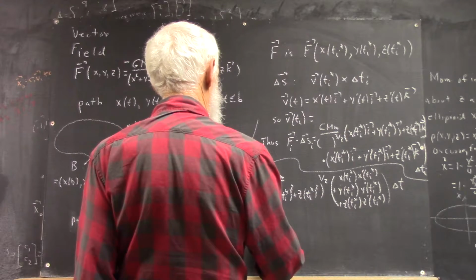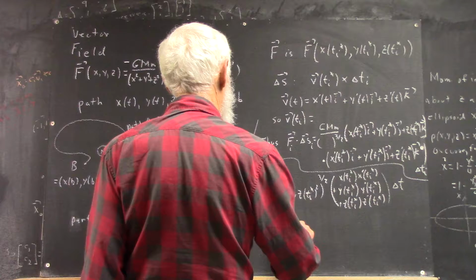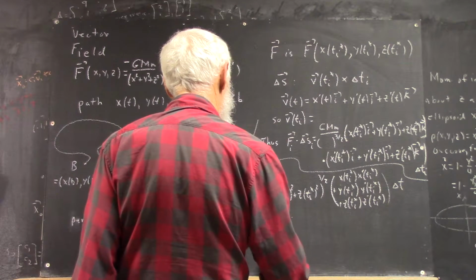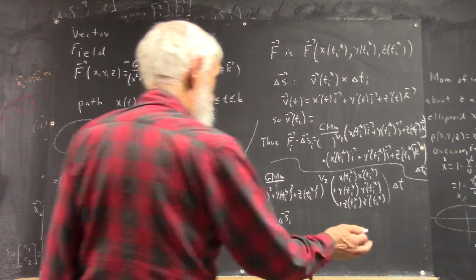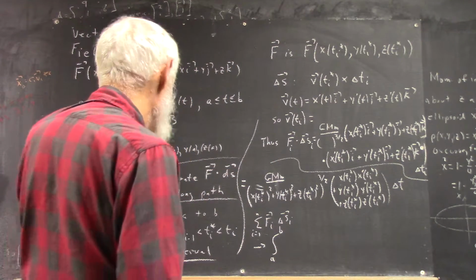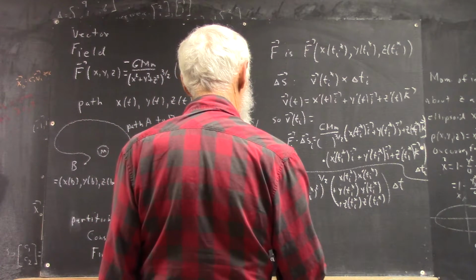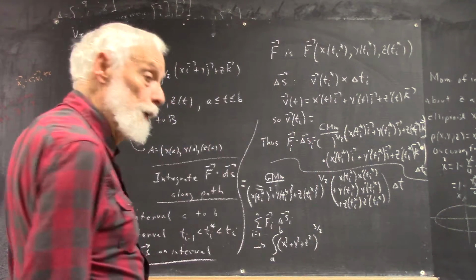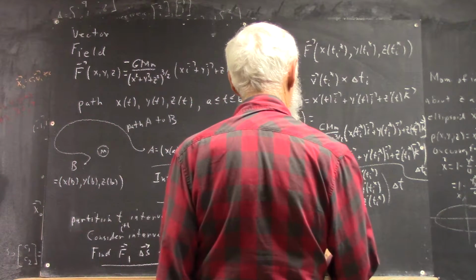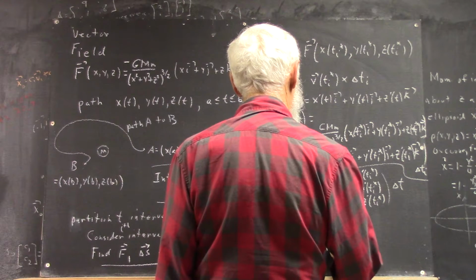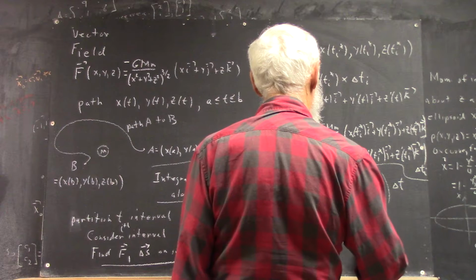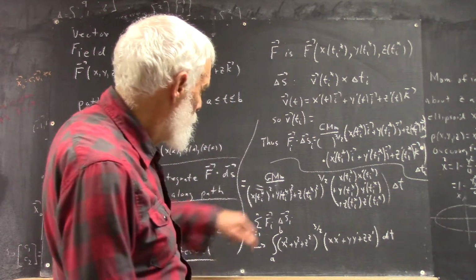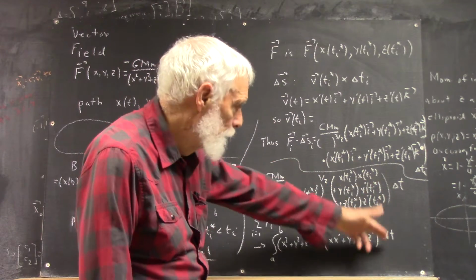So the sum of F_i delta s_i from i equals 1 to n approaches the integral from a to b, our limits on our parameter t, of x squared plus y squared plus z squared to the 3 halves times x prime plus y prime plus z prime dt, where all these x, y, and z functions and their derivatives are evaluated at t, right?